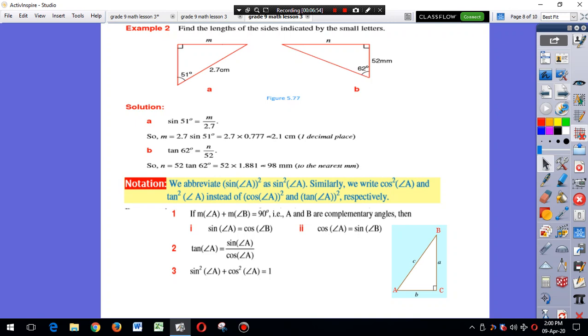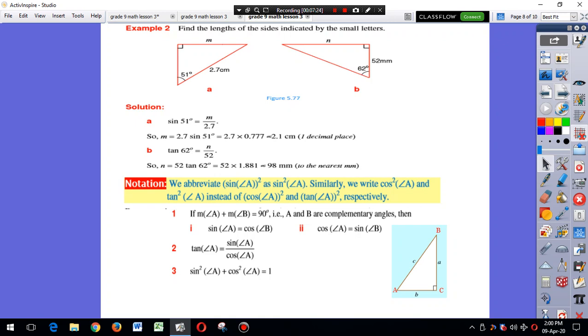If you have opposite side and hypotenuse, this will lead us to the trigonometric ratio of sine. So sine 51 degrees equals opposite over hypotenuse, which is the same as m over 2.7. If you bring 2.7 to the left hand side of the equation, m is equal to 2.7 times sine 51 degree.